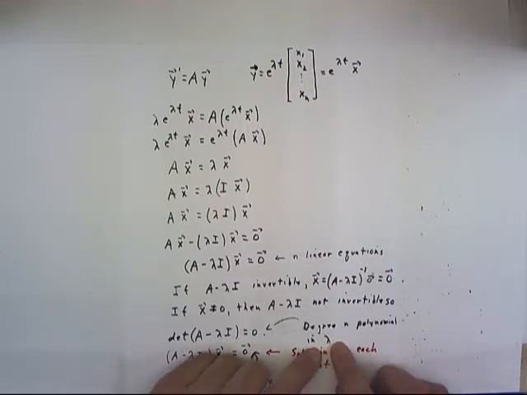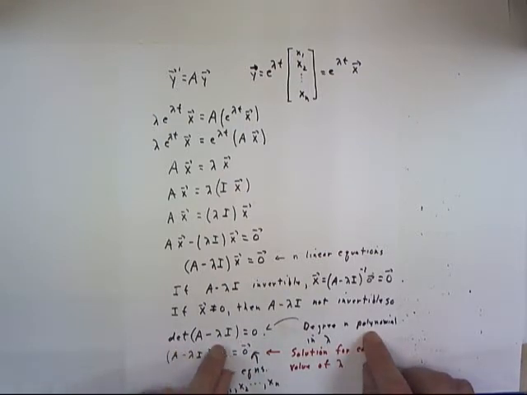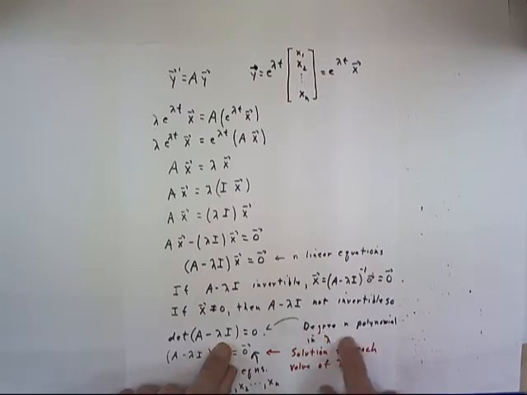Now, I'll progress just a little further. We know that an nth degree polynomial in lambda has n solutions. Those solutions could be real, they could be complex conjugates, they could be repeated, or any combination thereof. But we do know that there are n solutions to setting that polynomial equal to 0. So the determinant of A minus lambda I gives us a polynomial with n solutions.